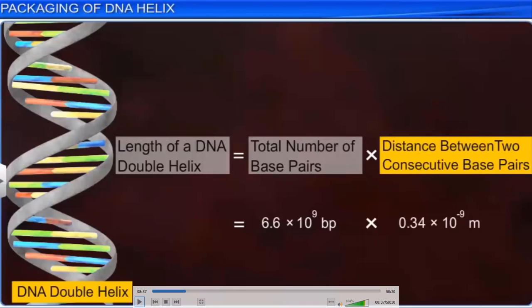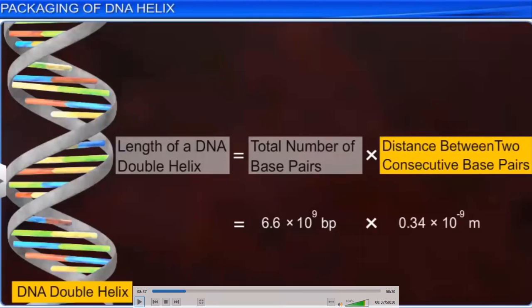The length of the DNA double helix is equal to the total number of base pairs and the distance between two consecutive base pairs, and we have learned that in a normal human being, one DNA has 6.6 into 10 to the power 9 base pairs, as well as the distance between them is 0.34 into 10 to the power minus 9 meters.